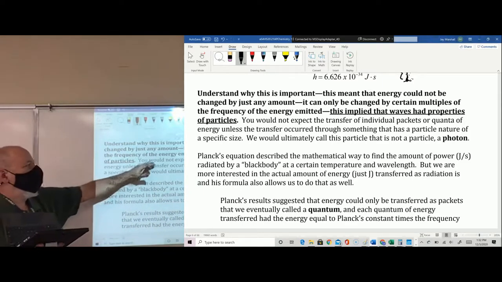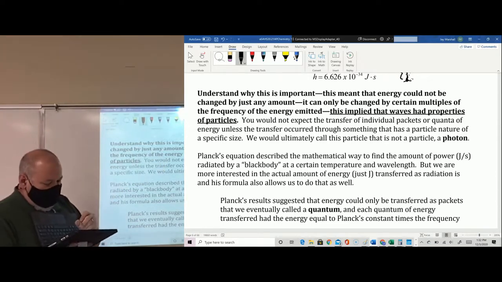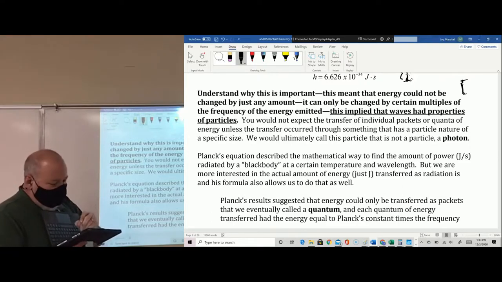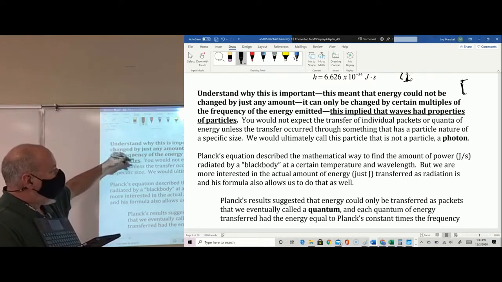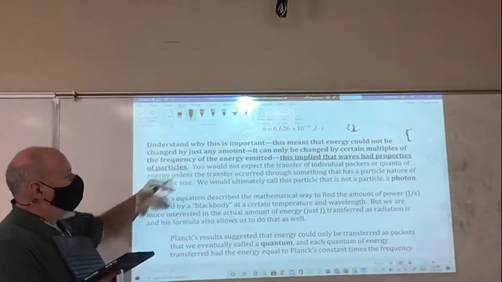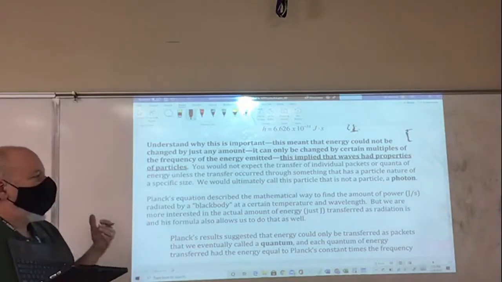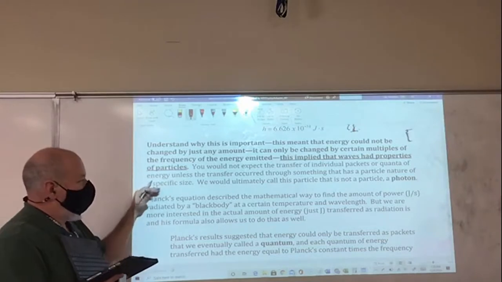Okay, let's say that again. You would not expect the transfer of an individual packet of energy. If I drop from here to here in my energy, I wouldn't expect the transfer of that energy to be an individual packet of energy or quantum of energy unless this occurred through something that had a particle nature of a specific size.